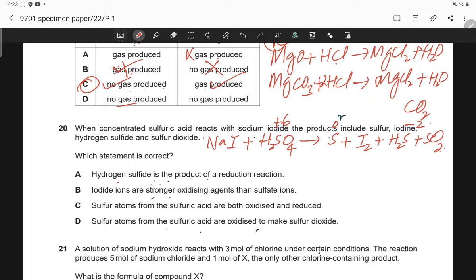Hydrogen sulfide is the product of a reduction reaction. Yes, because plus 6 to minus 2, this is the product of the reduction reaction. Iodide ions are a stronger oxidizing agent, so iodide ion is a stronger reducing agent. This is incorrect. Iodide ion is a reducing agent.